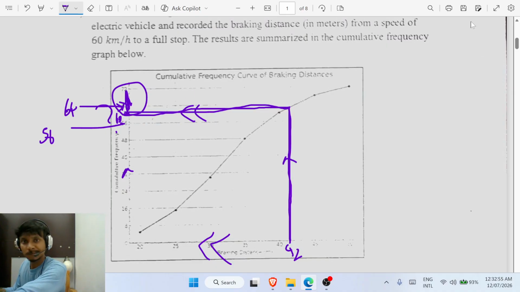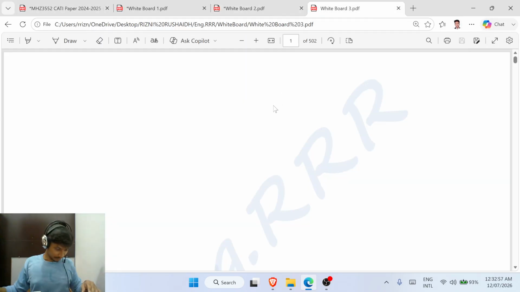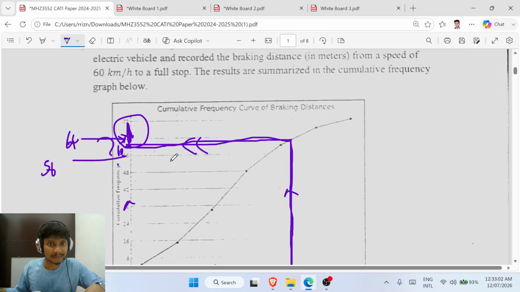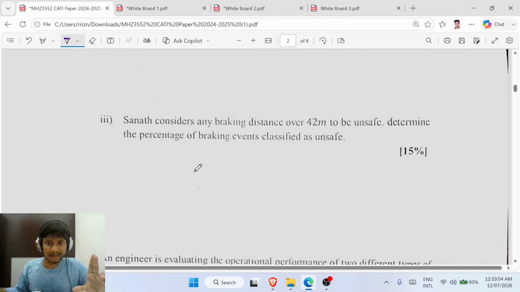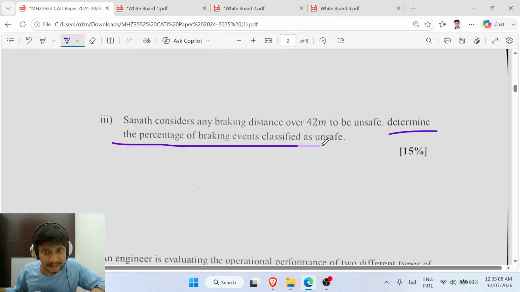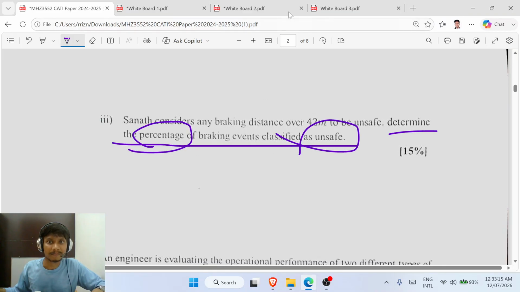Therefore, the percentage will be, please see the question again. Determine the percentage of braking events classified as unsafe.